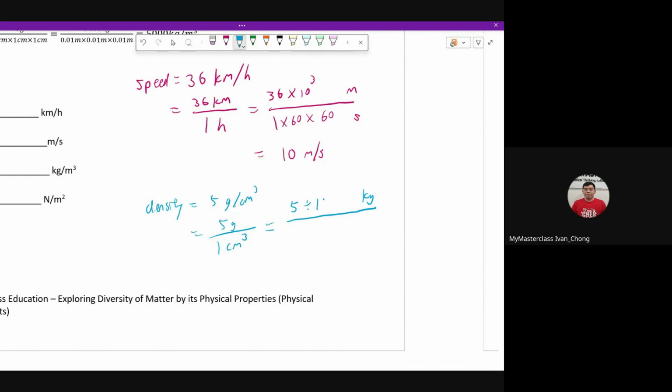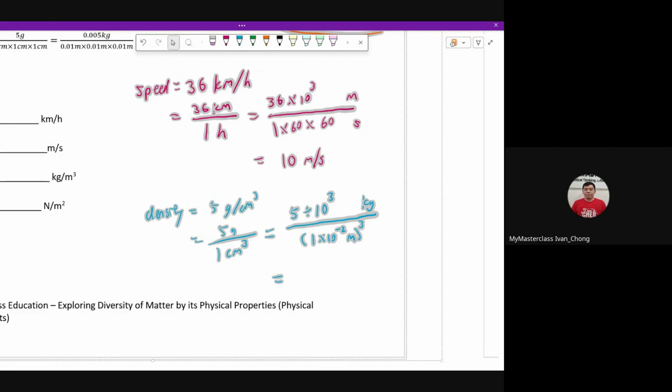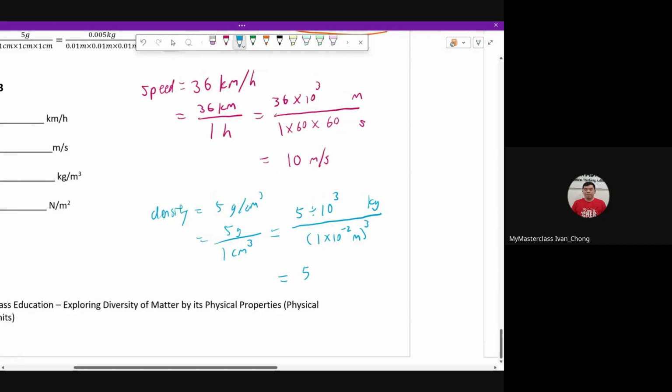We will divide by 3. And below 1 cm cube, because it is 1 cm cube, you will times minus 2 meter cube. So you press this in your calculator itself, you will end up with 5,000. Okay, make sure that you have your cube in your calculation, in your calculator.